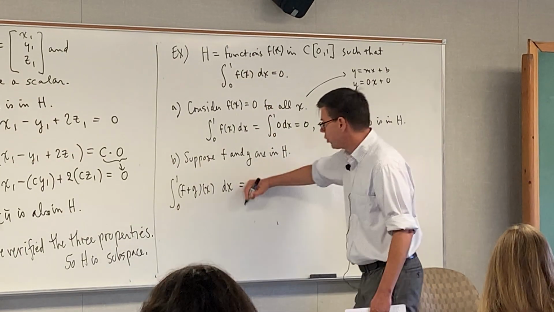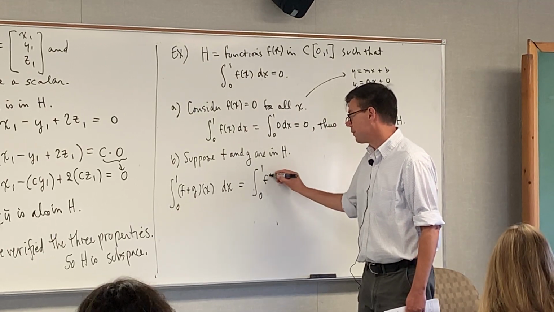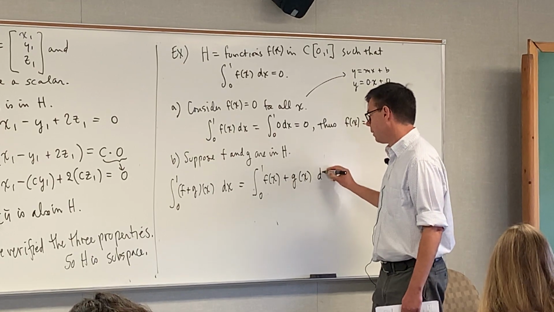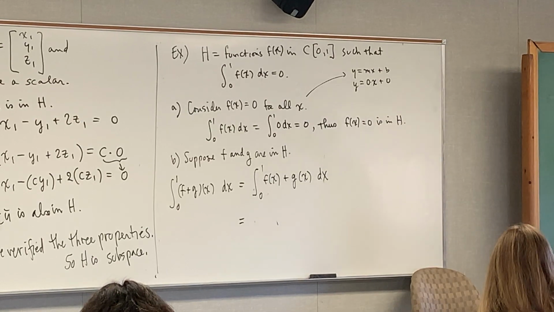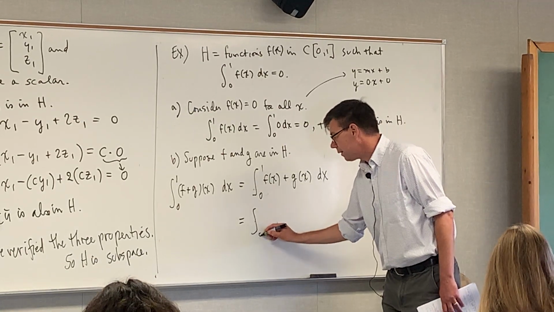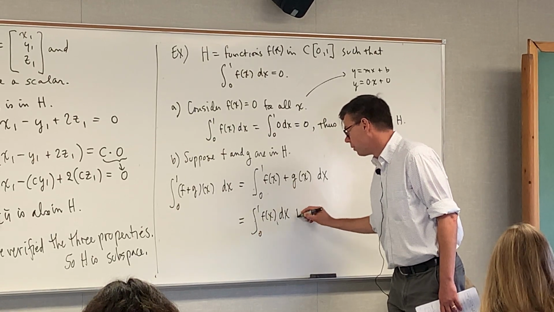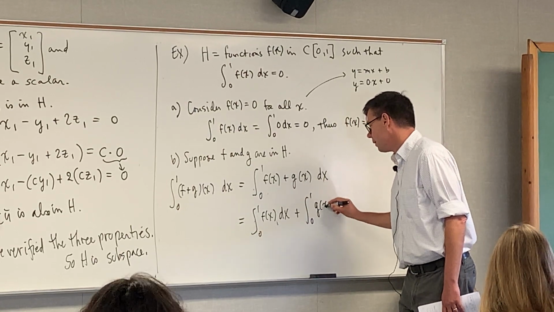The sum of two functions is just this. And one of the most famous and obvious properties of integration that you don't even think about anymore is that the integral from 0 to 1 of the sum is the integral from 0 to 1 of the first plus the integral from 0 to 1 of the second.